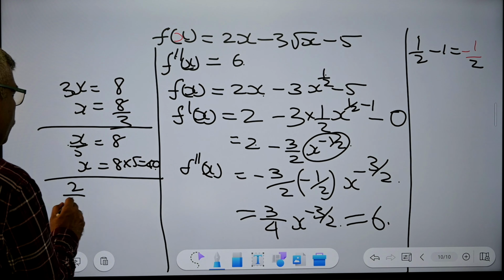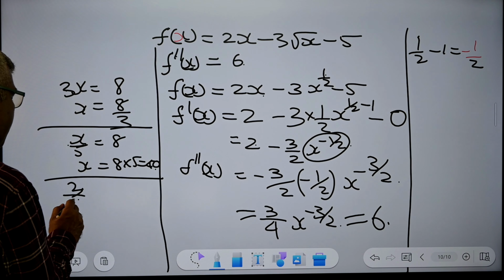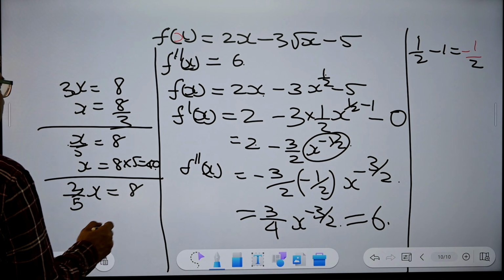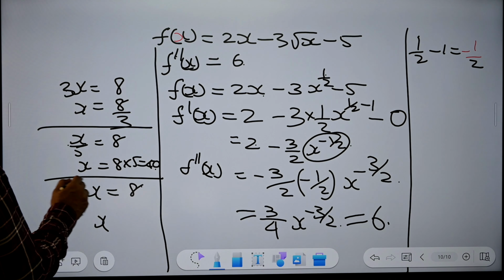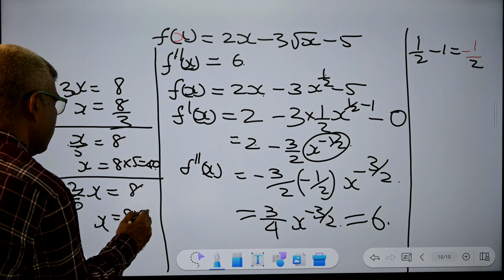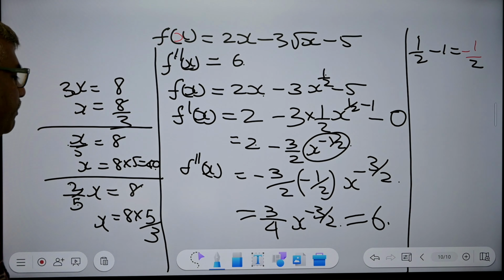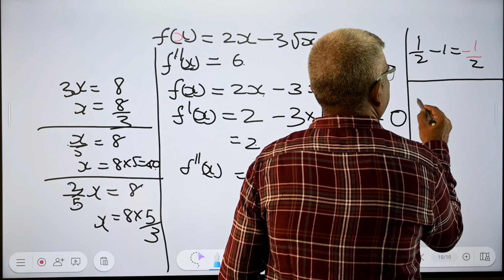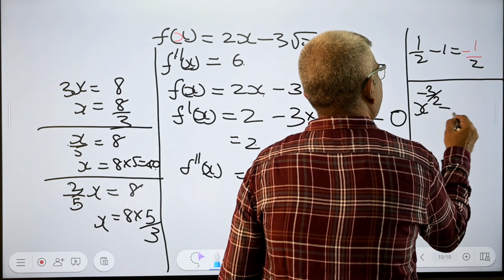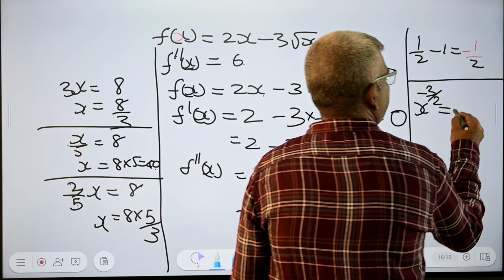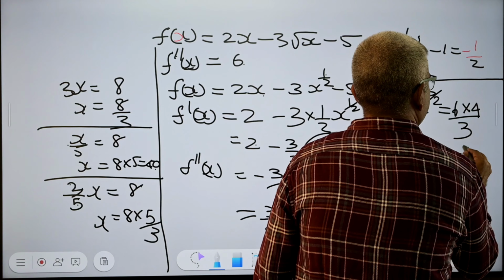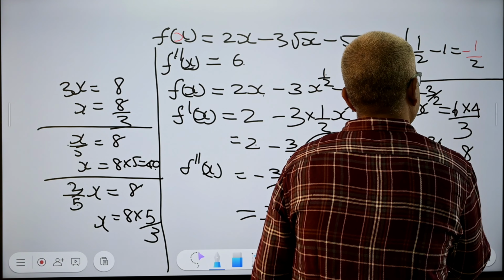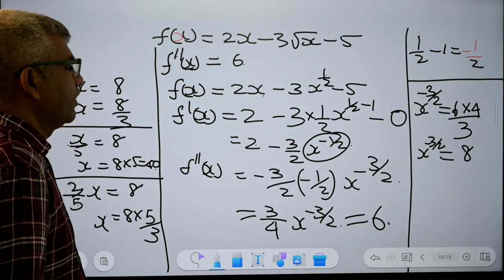In short, we can do the reverse of it. Here we are doing the same. x power minus 3 by 2 is equal to 6 times 4 over 3, so 8. Got it?